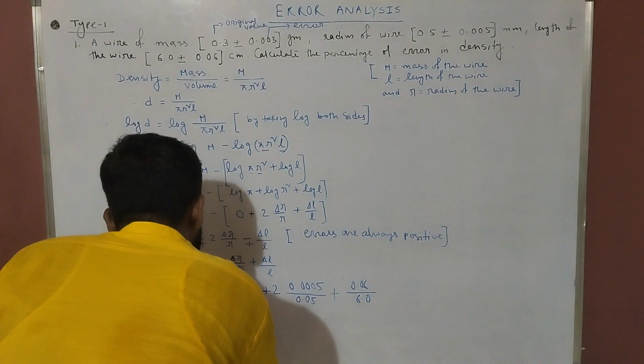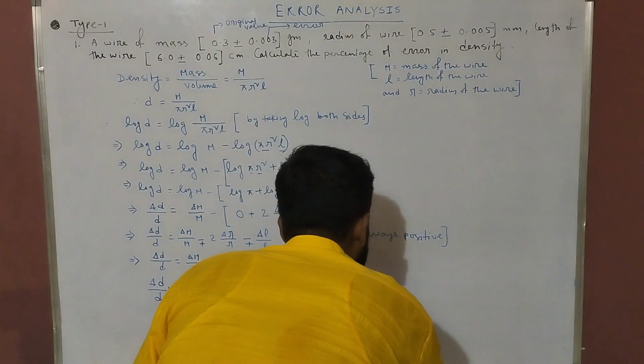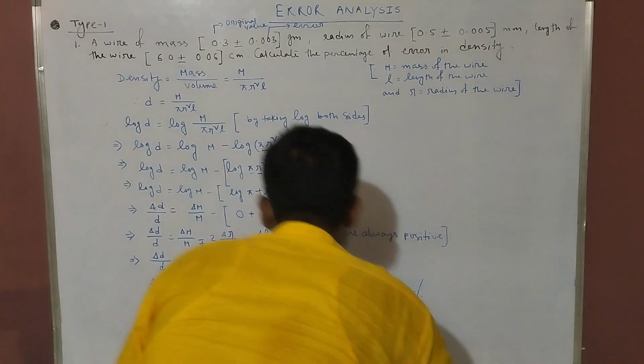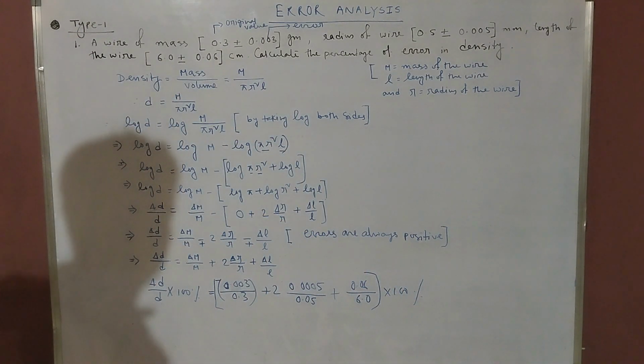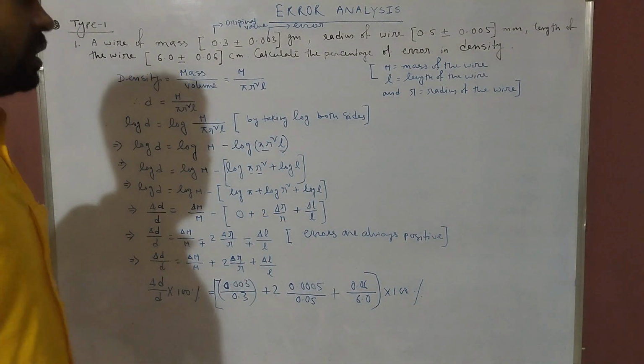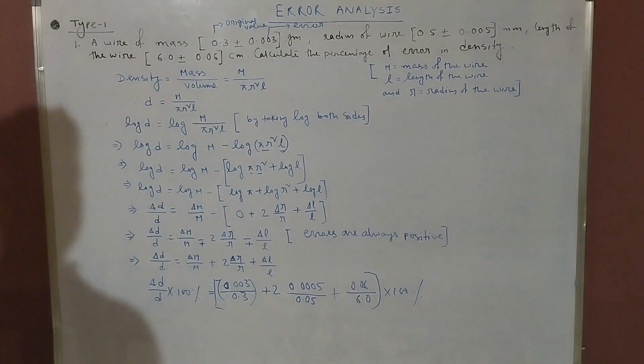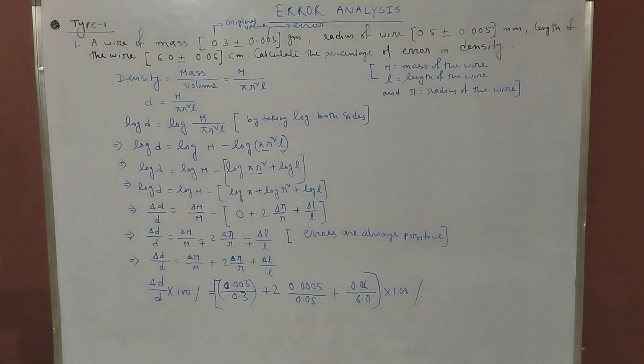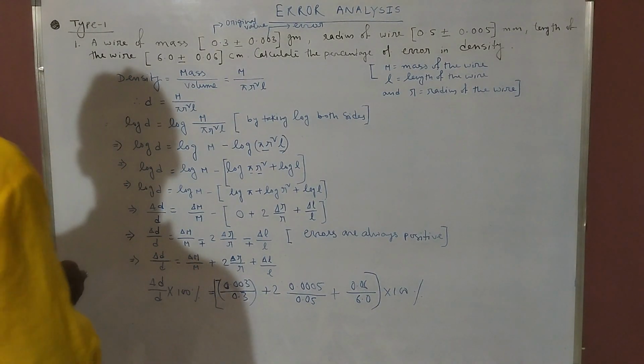So now you have to multiply by 100, then you will get the percentage of error. Understood? Any doubt? Now we will go to type 2 problem.